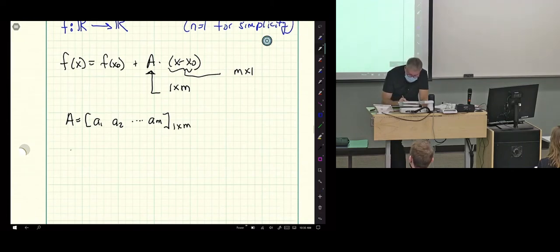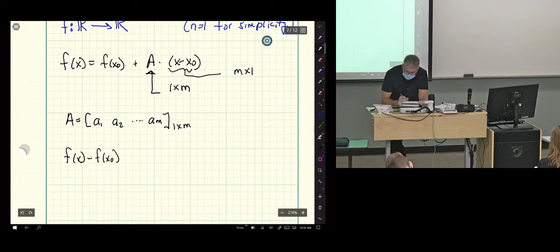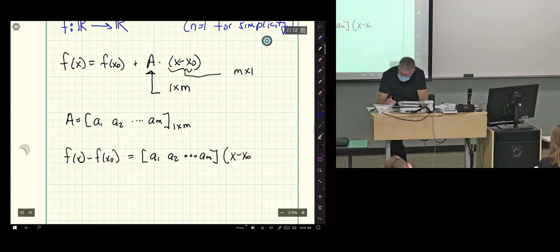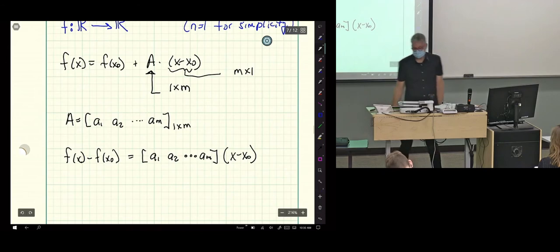Well, let's do this. Let's look at f of x minus x0 and write that as a1, a2, dot, dot, dot, am, times x minus x0.